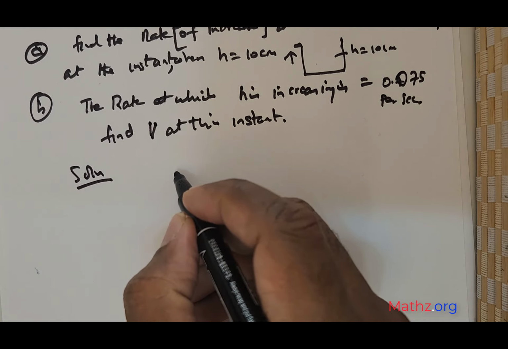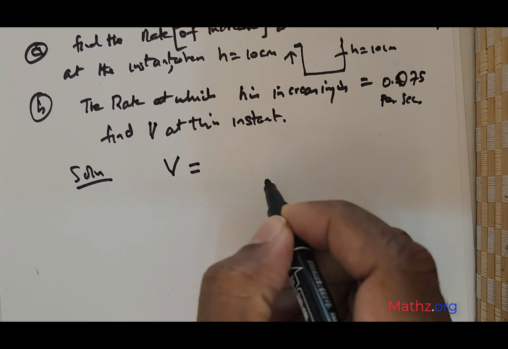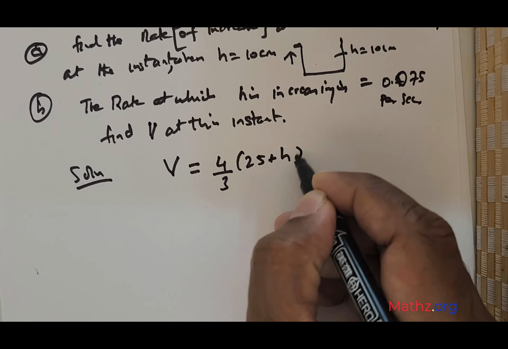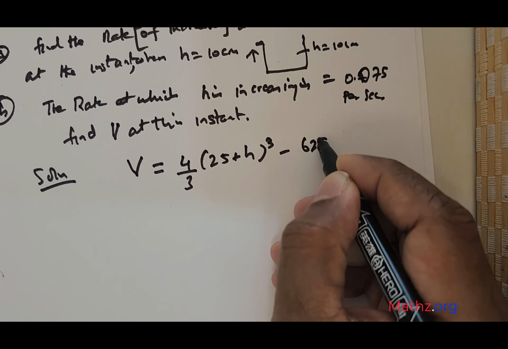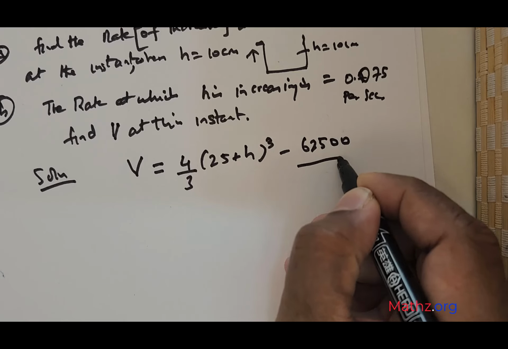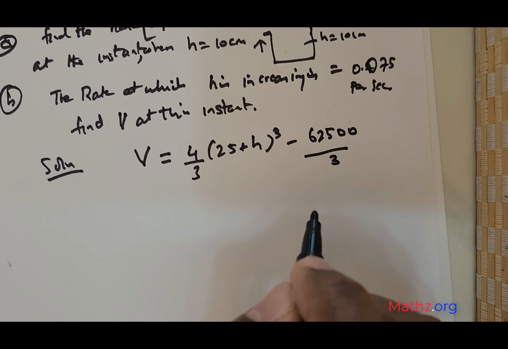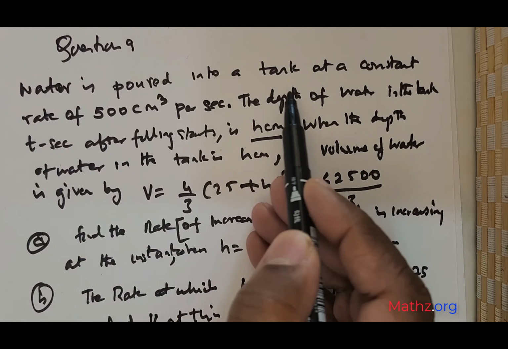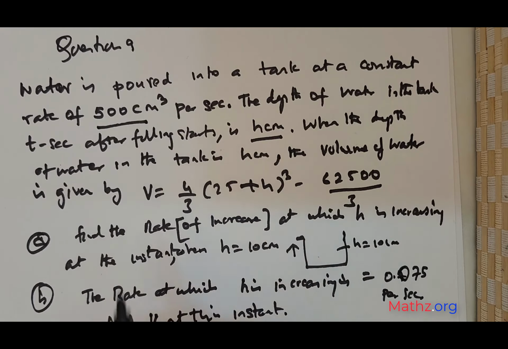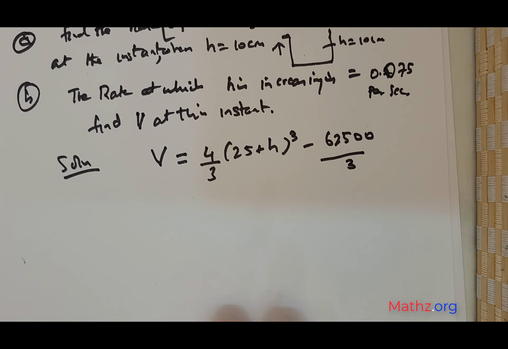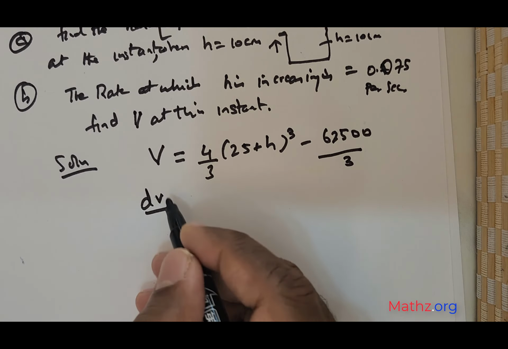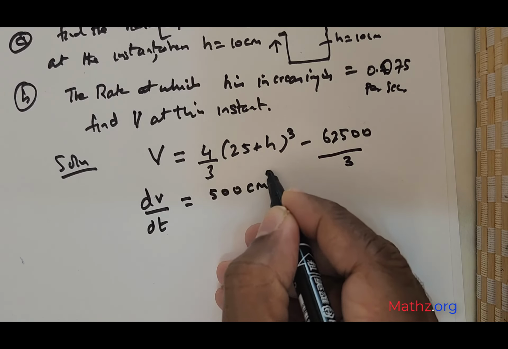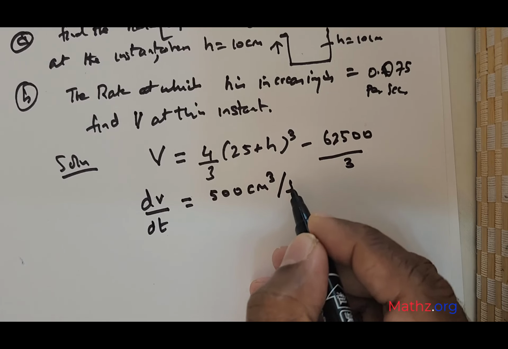Foremost, what I wish to do is I would like to consider the given formula. What is that? 4 over 3, 25 positive h raised to power of 3 negative 62500 divided by 3. Now the initial question states that water is poured into a tank at a constant rate. So this is given. That means the volume is changing with reference to time at 500 cm cubed per second.